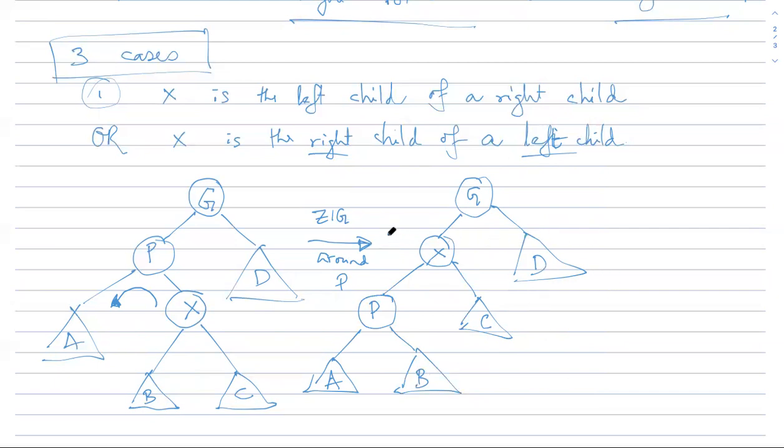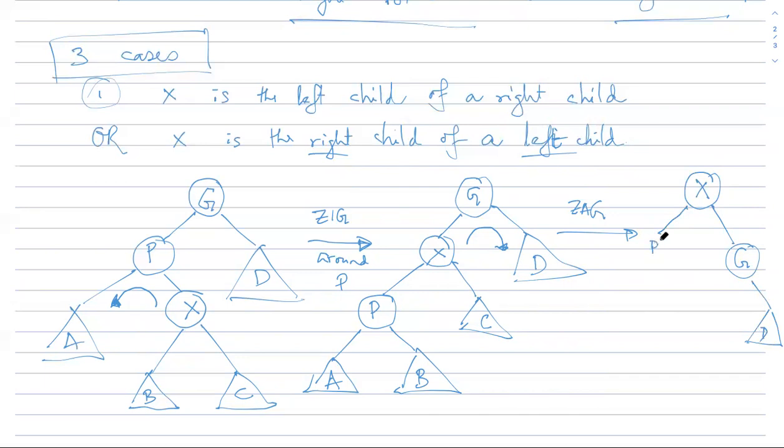So after giving the zig around P, next you give zag. Zag meaning it's going in the other direction, so this would be rotating around G, the grandparent. So when you do that, what will happen? G becomes now a right child of X. So X comes up and G becomes the right child. The right subtree stays intact.